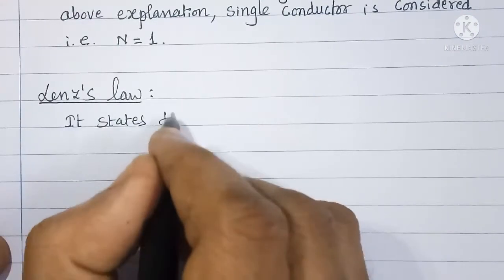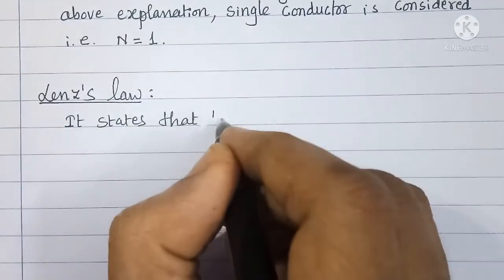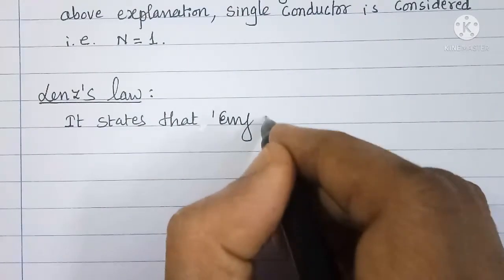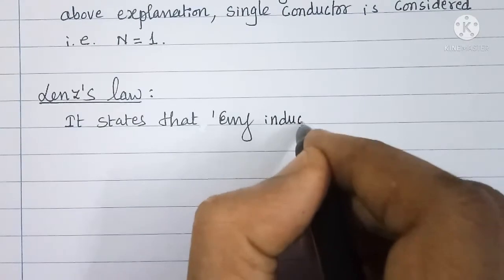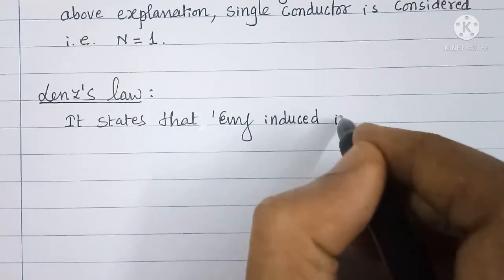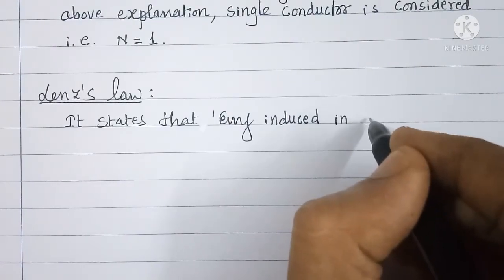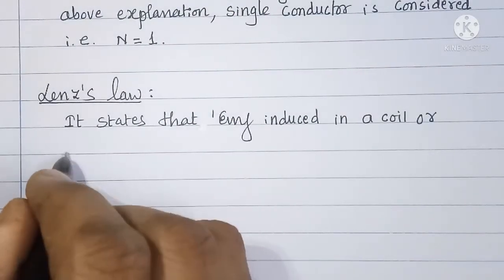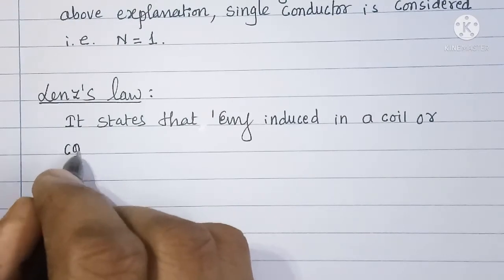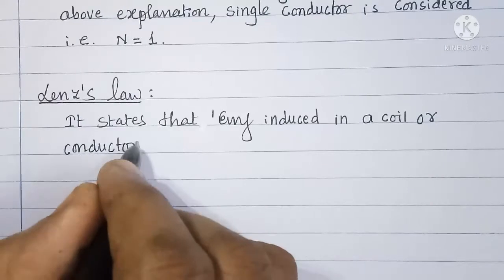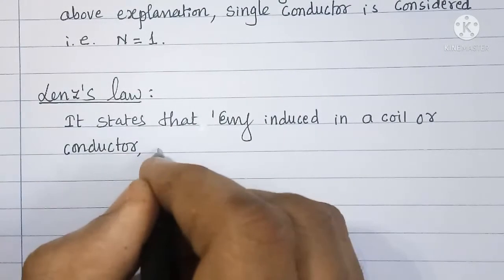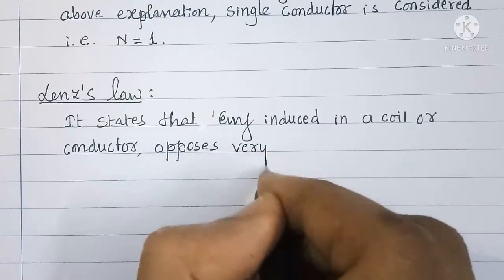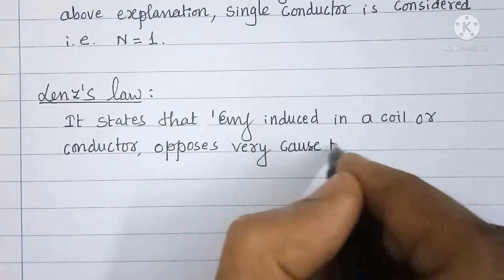It states that EMF induced in a coil or conductor opposes the very cause to produce it.